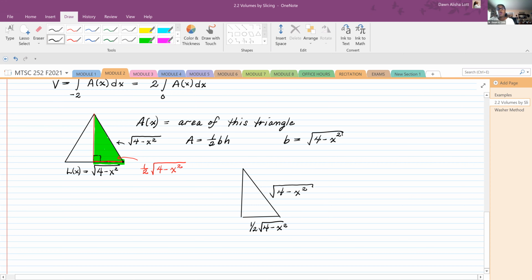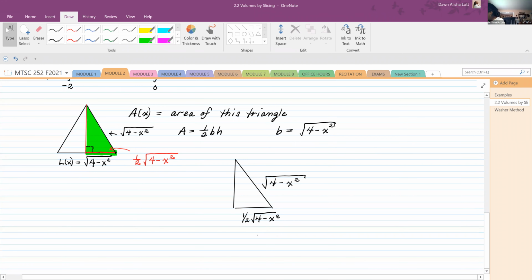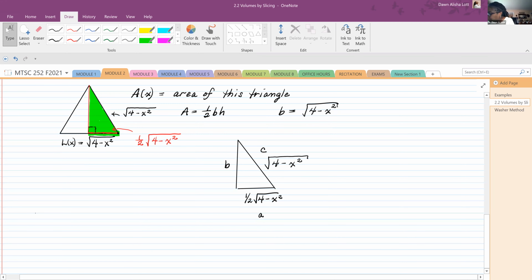I know that if this is a, this is b, and this is c, then a squared plus b squared equals c squared. And b is the height of my triangle.